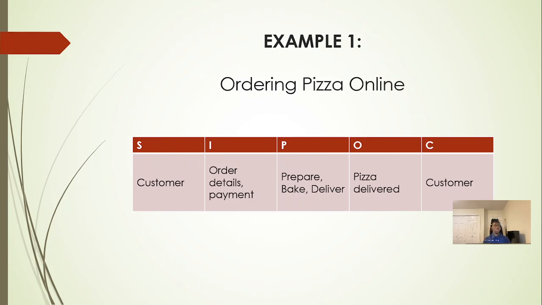So let's go through some practical examples so we can understand it more. Our first example is ordering pizza online. Like me, I usually order pizza sometimes because I'm trying to be healthy, sometimes when I'm a little bit tired and hungry. In this case, the supplier can be the customer, me or you, or the cheese vendor. The inputs are the order and toppings.